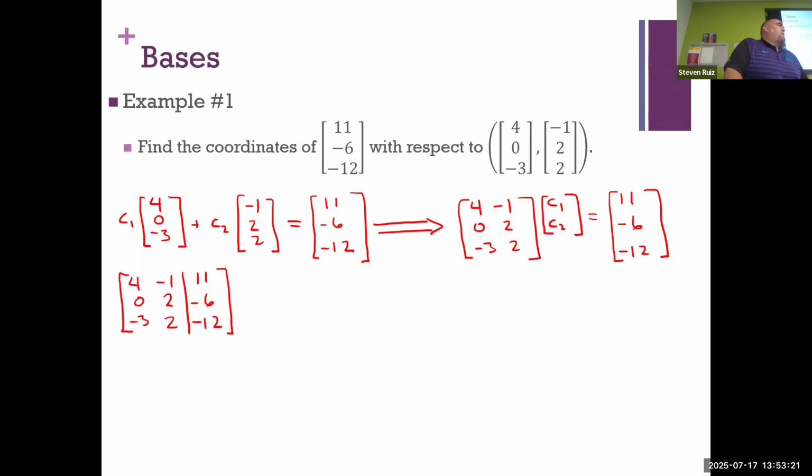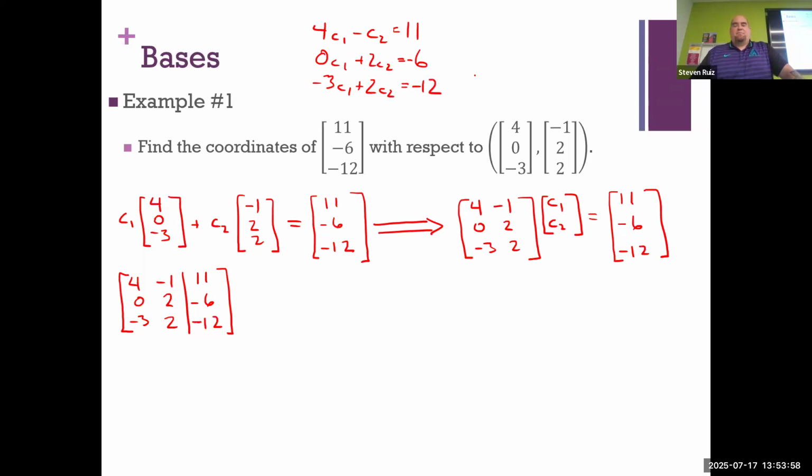I think I can get C2 right now. -3, how'd you get that? Right, so let's write them all full algebraic. 4C1 minus C2 equals 11. 0C1 plus 2C2 equals -6. -3C1 plus 2C2 equals -12.